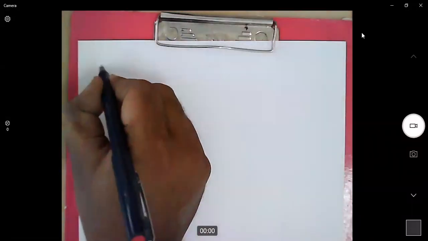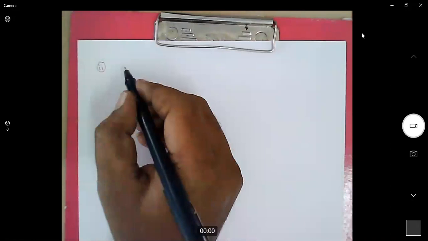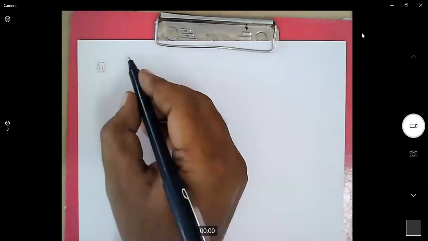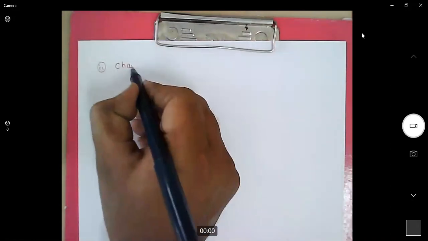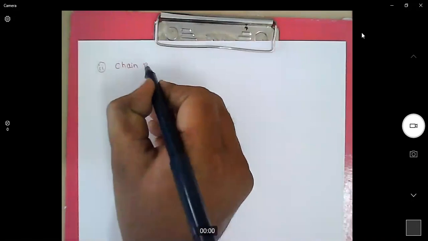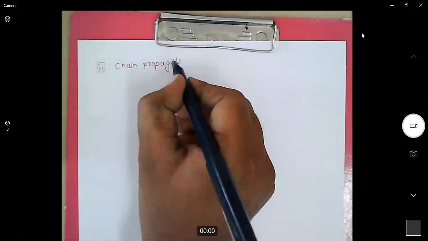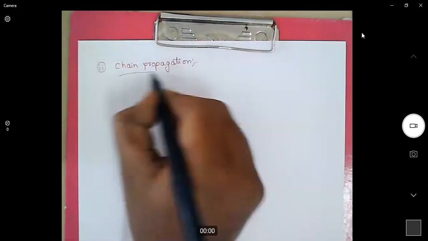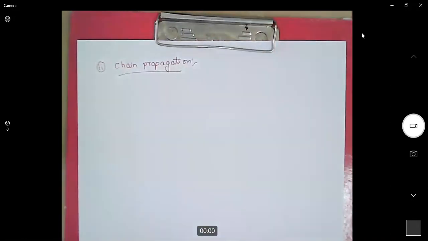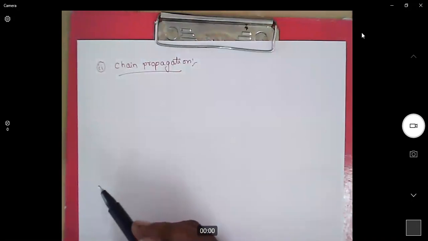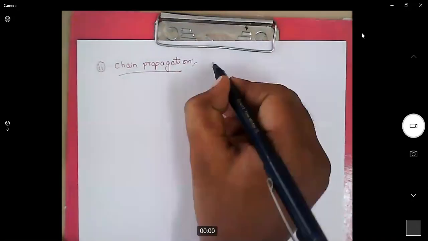The second step in a radical polymerization mechanism is chain propagation. First step is chain initiation. Second step is chain propagation. What is chain propagation?